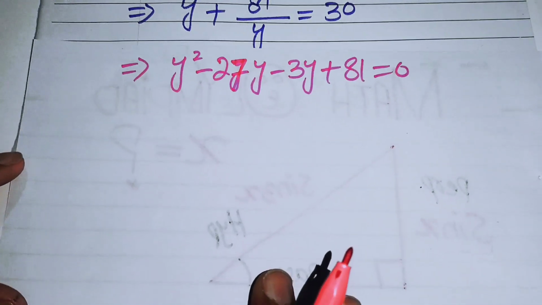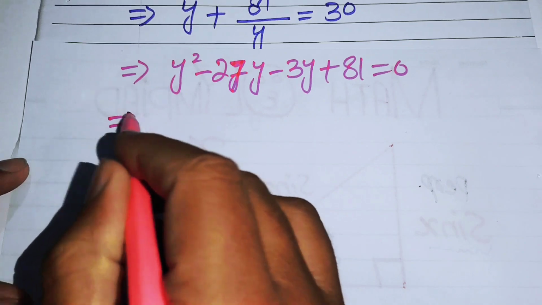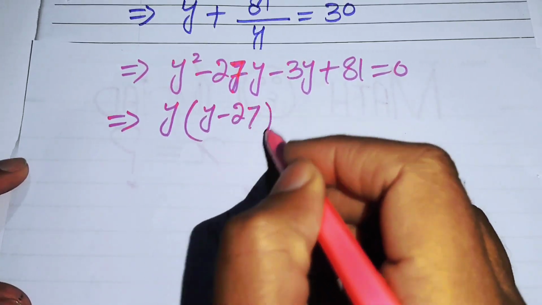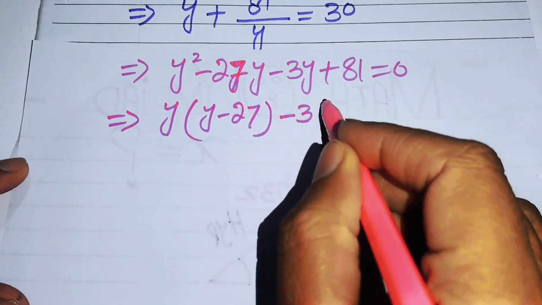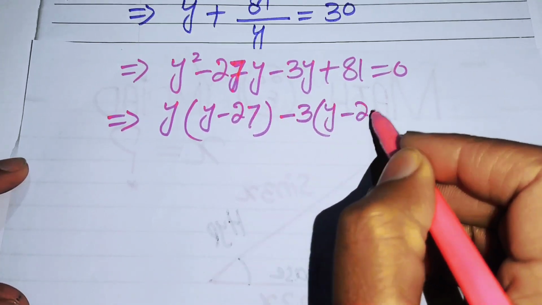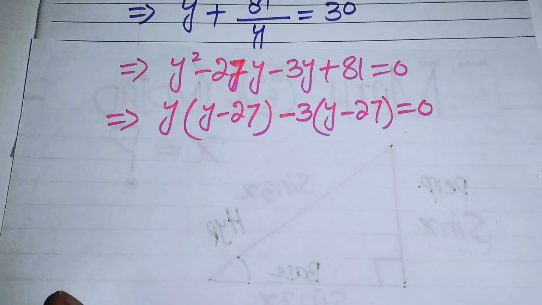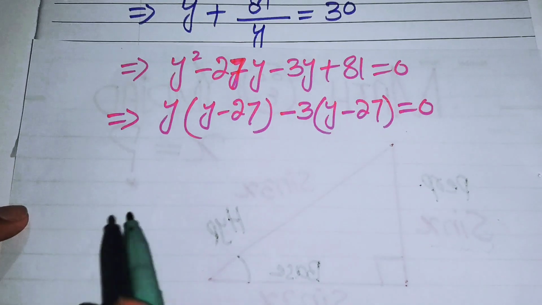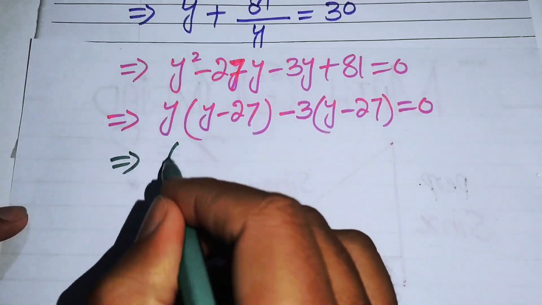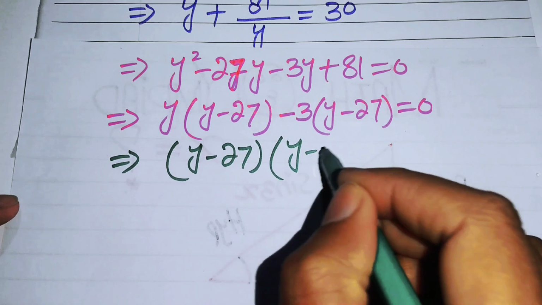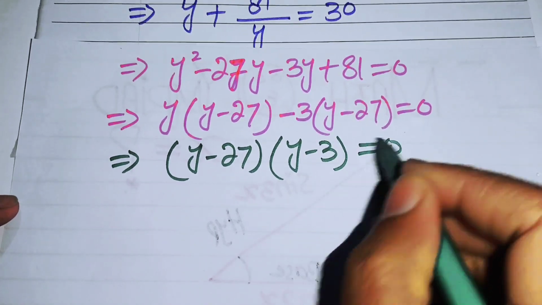Now we can make a little bit of simplification. First we take common y, and you get y times (y minus 27), and we take common minus 3, and we get minus 3 times (y minus 27) equals 0. In the next step you will take common y minus 27, and you get (y minus 27)(y minus 3) equals 0.